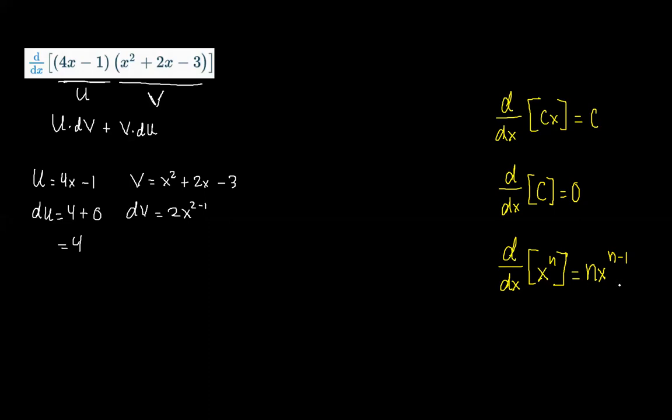Or just simply memorize this formula if you don't want me to say it again. Next, we have 2x. As you can see, we can use this one or this one. It's up to you, but for me, I'm just going to use this one. The derivative of cx is equal to c, so the derivative of 2x will just be 2. And lastly, the derivative of negative 3, which is your constant term, will be just 0.